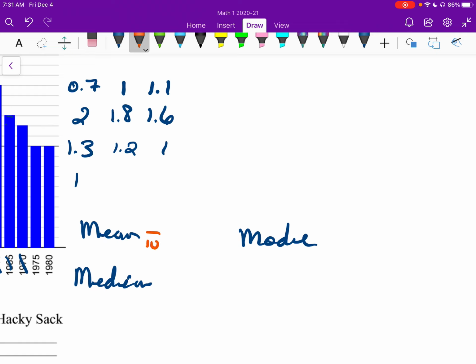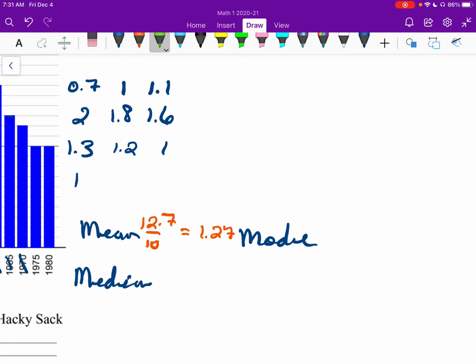I type them into my calculator to add them up: 0.7 plus 1 plus 1.1 plus 2, 1.8, 1.6, 1.3, 1.2, 1, and 1. And I got 12.7. I divide by 10, and I get 1.27.